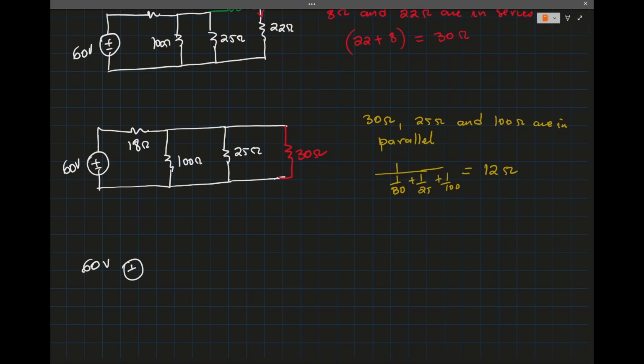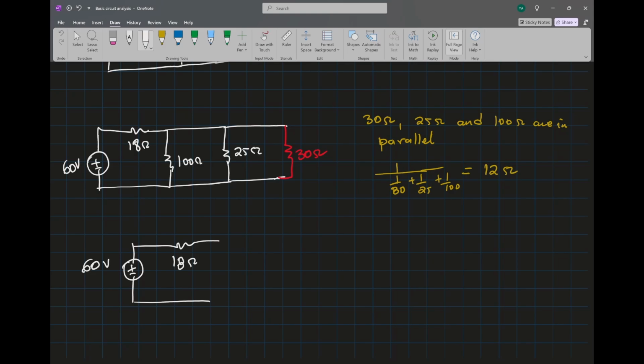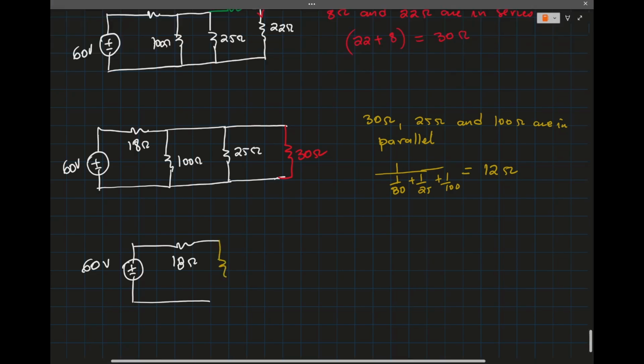Then we have the 60 volt source and 18 ohms connected to 12 ohms. So the equivalent resistance in this case will be 12 and 18 in series.